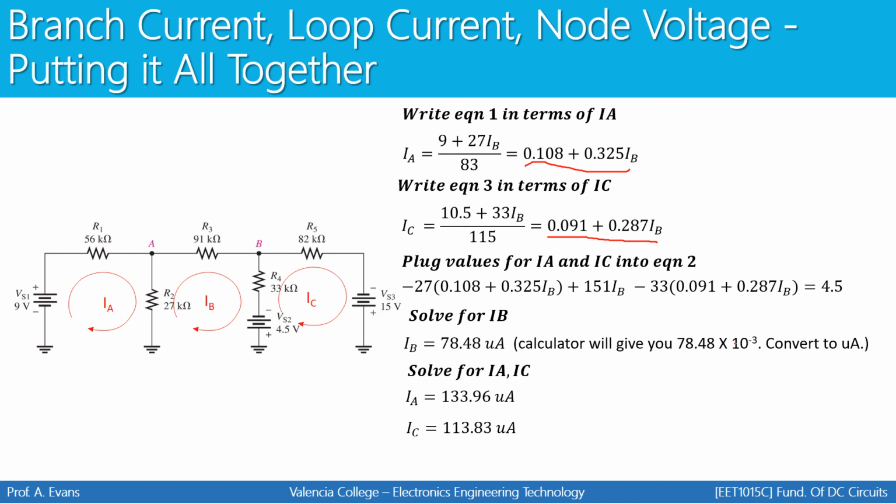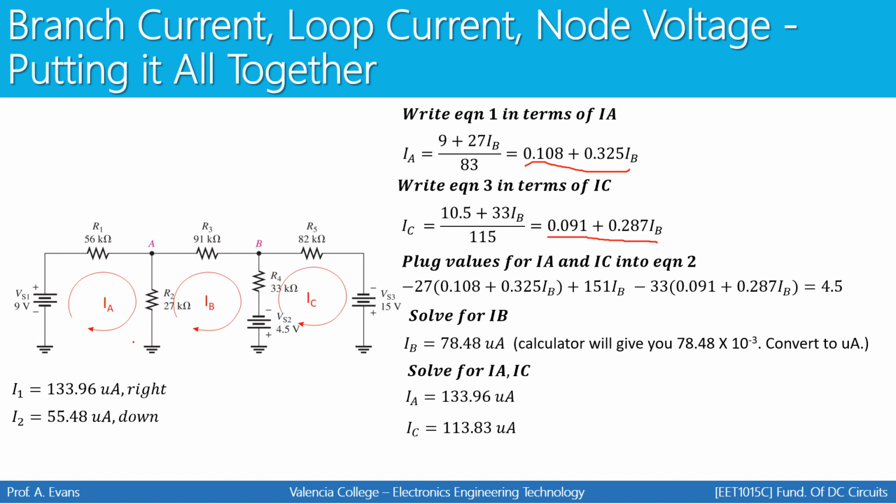Now that you have each loop current, you could easily convert that to each branch current. We know the current through R1 has to be the same as IA. We know the current through R2 is going to be the difference between IA and IB, and whichever one is bigger, that direction wins. IA is bigger than IB, and IA goes down through R2.